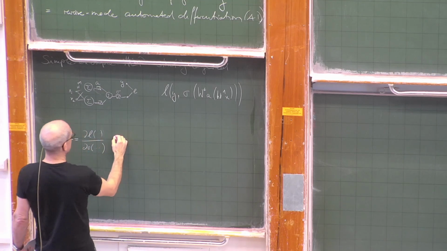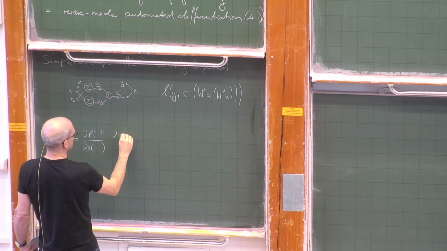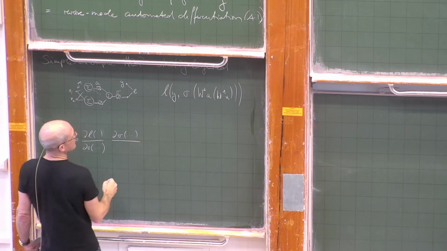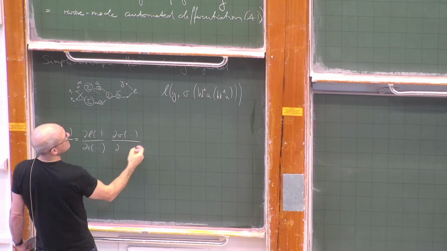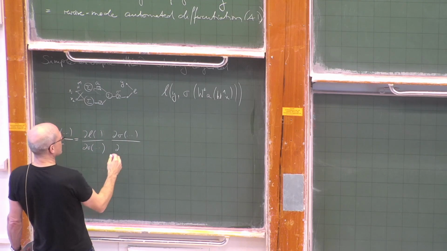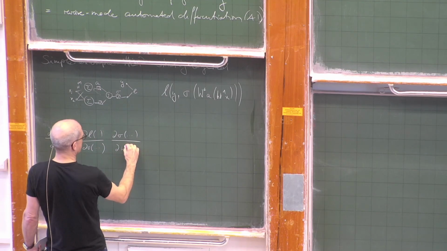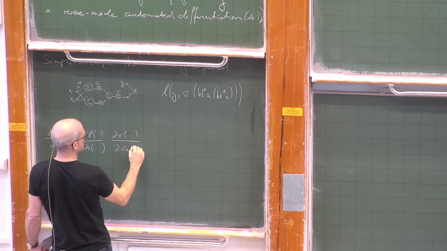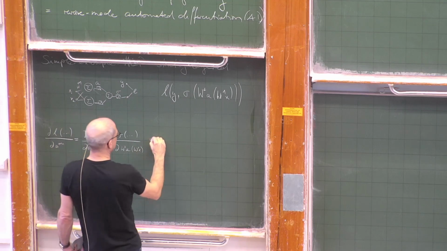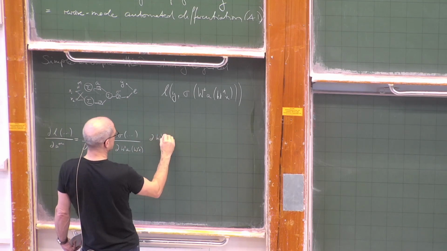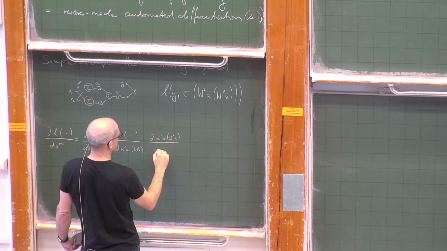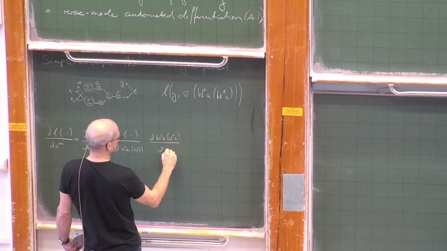And then I can differentiate my sigma, my output of the neural network, with respect to its argument. And then I can differentiate that argument with respect to the activation function.